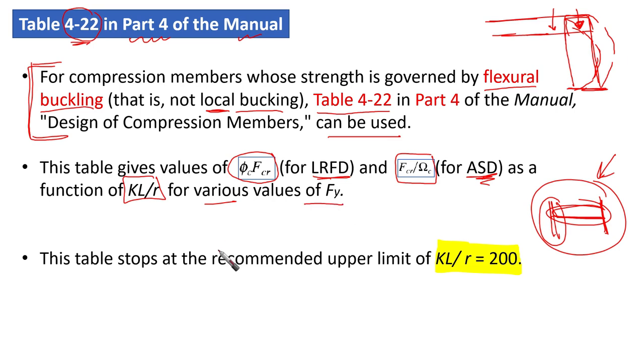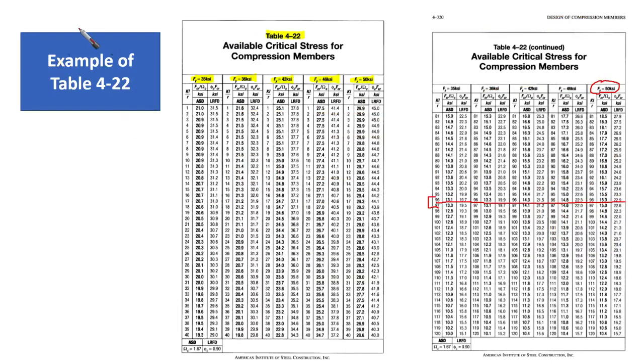Okay, so this is Table 4-22. We are going to find it in Part 4 of the manual. You can stop the video now and browse your manual and go to Part 4, and you are going to find this table, titled Available Critical Stress for Compression Members.